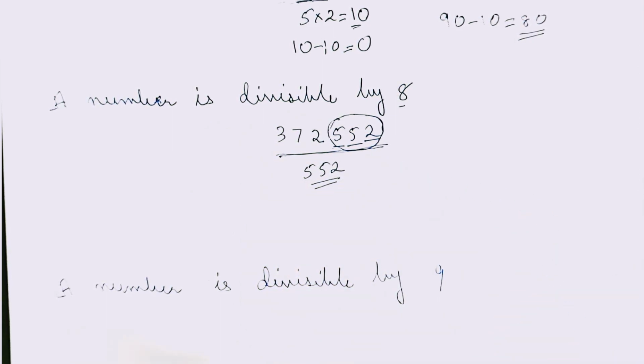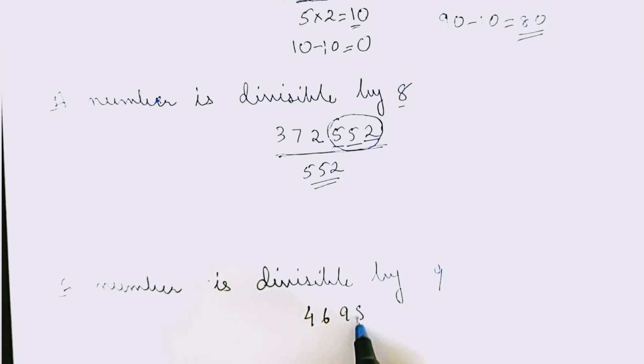Okay, now comes 9. A number is divisible by 9 or not. In this case, if the sum of the digits of a number is divisible by 9, then the number is divisible by 9. Let's take an example, say 4, 6, 9, 8.